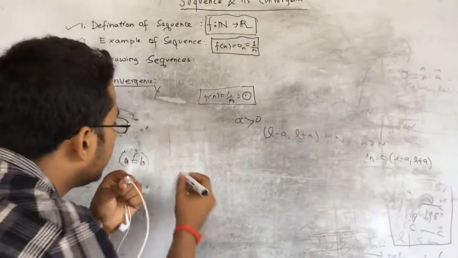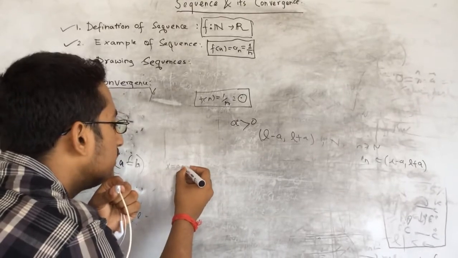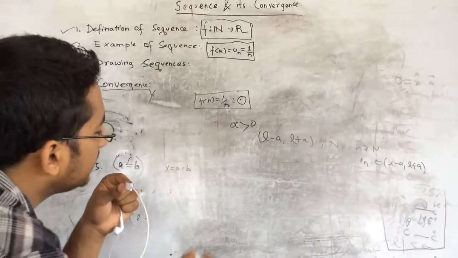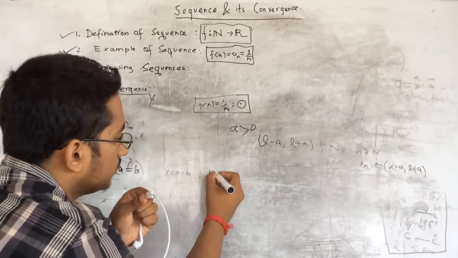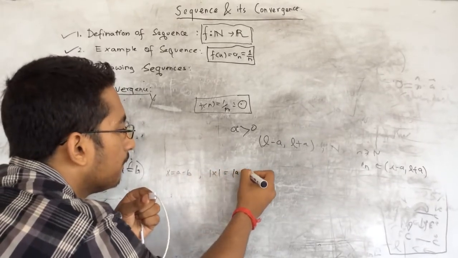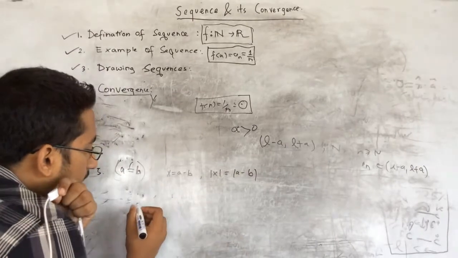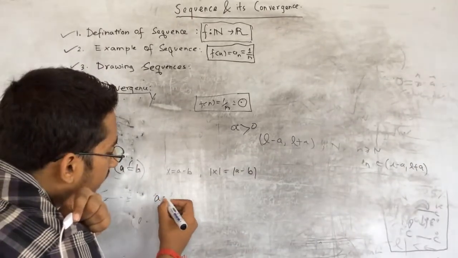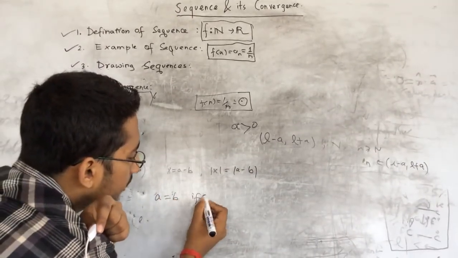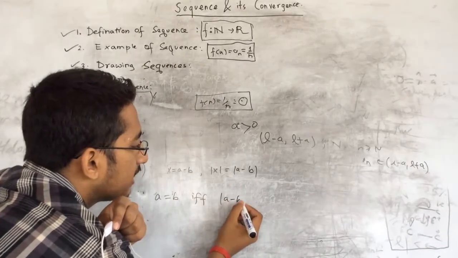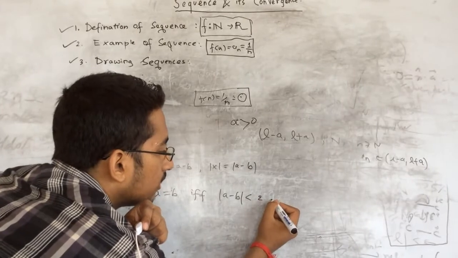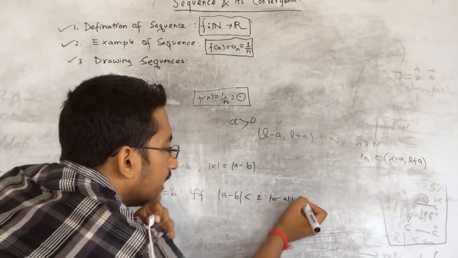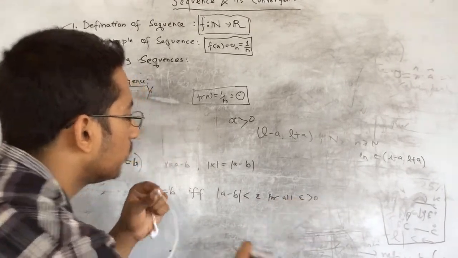Take x equal to a minus b and take its modulus. We can easily prove that a equals b if and only if the modulus of a minus b is less than epsilon for all epsilon greater than 0.